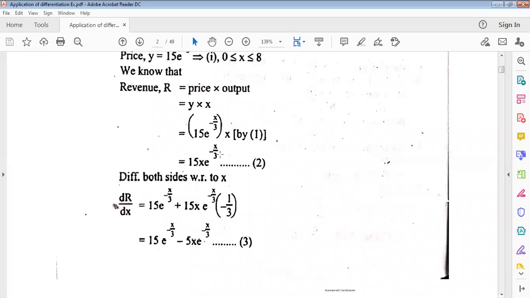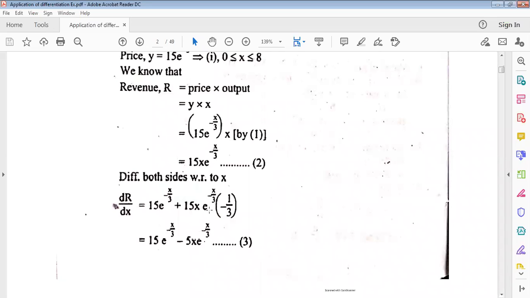That means we have to use the UV process in differentiation: U into differentiation of V plus V into differentiation of U. Then 15 e to the power minus x by 3 is the U, and x is the V. Now differentiation of x will be 1, plus 15 times x times the derivative of e to the power minus x by 3.